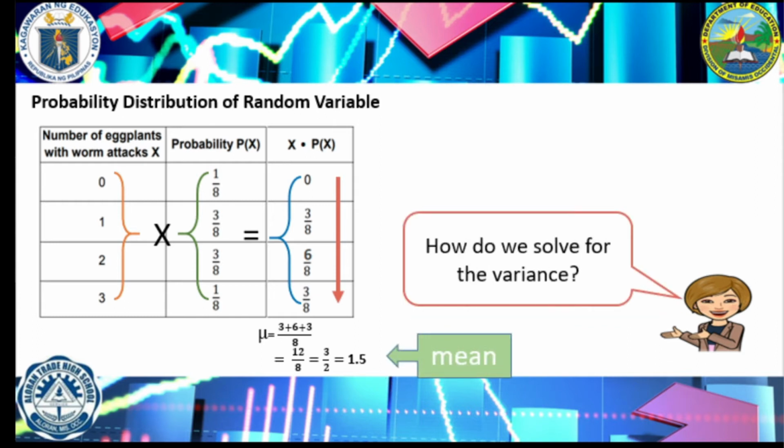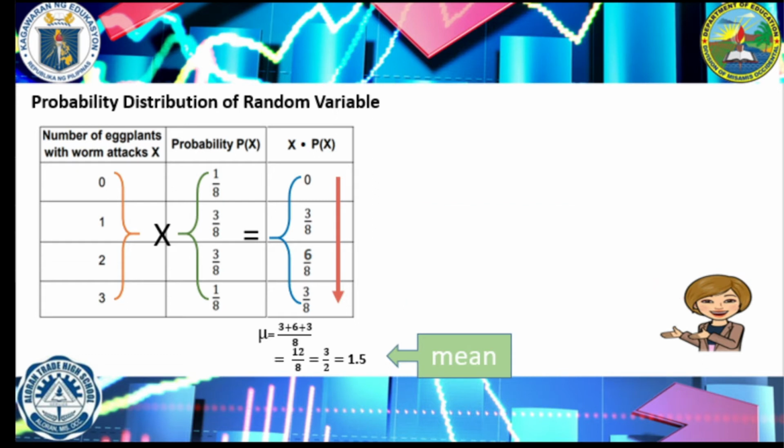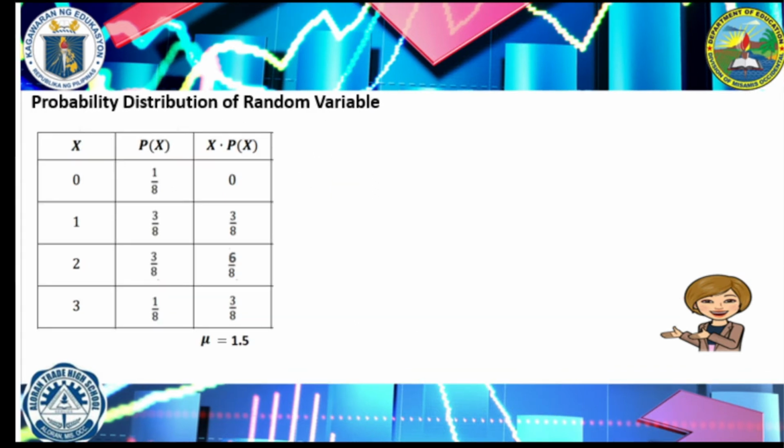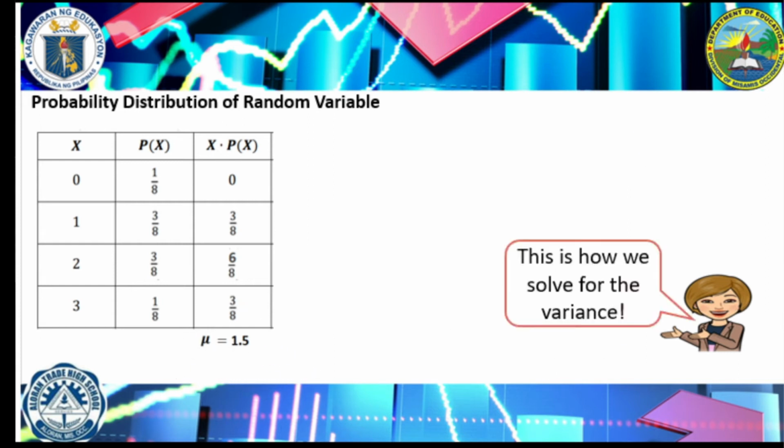Next, how do we solve for the variance? Using the same table, the probability distribution of random variables with our mean equal to 1.5, this is how we solve for the variance. We use the first column minus the mean of 1.5.